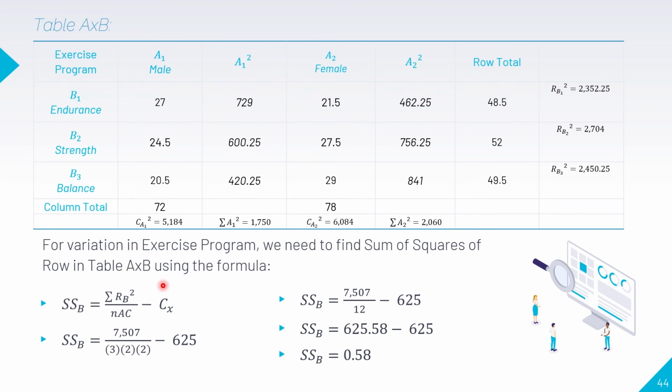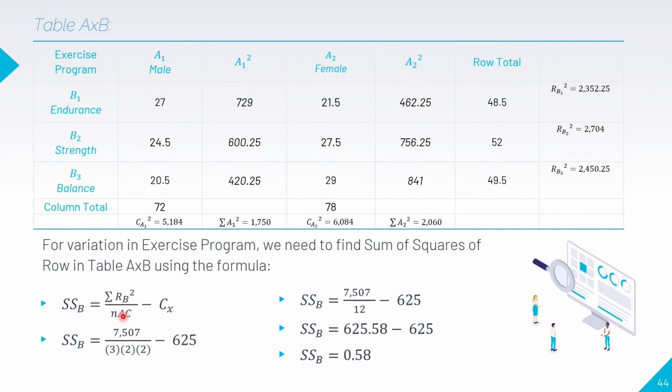Now for variation in exercise program, or our B, we need to find the sum of squares of row in table A by B using the formula. With the help of this table A by B, we just need to find this one, which is here. Just need to square this. We already squared that, and add these 3, and we have 7,507 over NAC. N is 3, right?